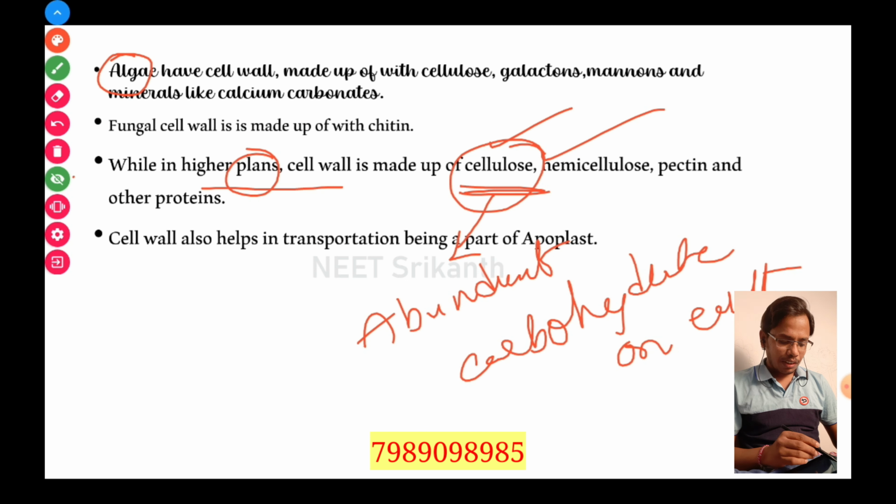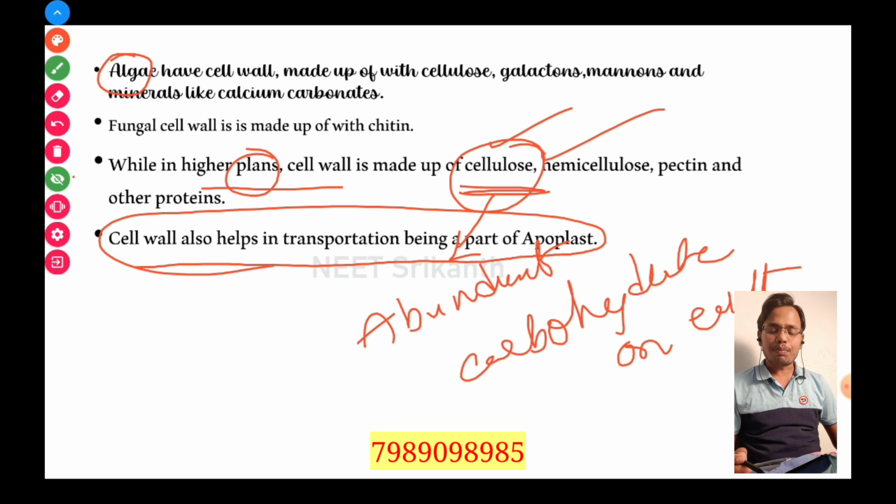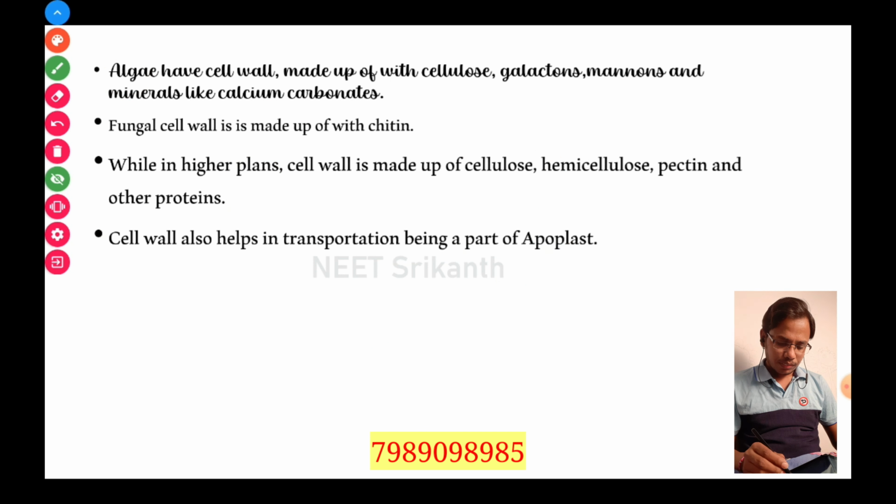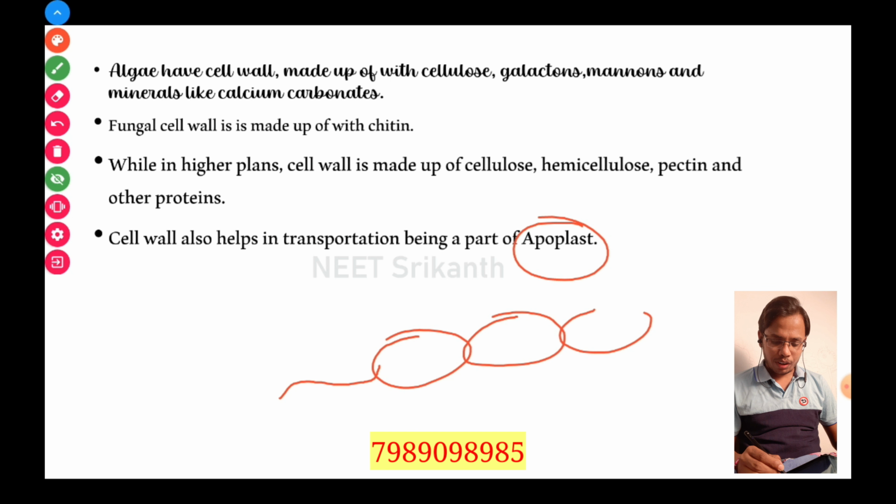Cell wall also helps in transportation, being a part of the apoplast. Then what is the meaning of apoplast? It is the movement of water through the non-living portion of the cells. For example, observe the root anatomy: root hair, epidermis, cortex, endodermis, then xylem. The water is absorbed by the root hair.